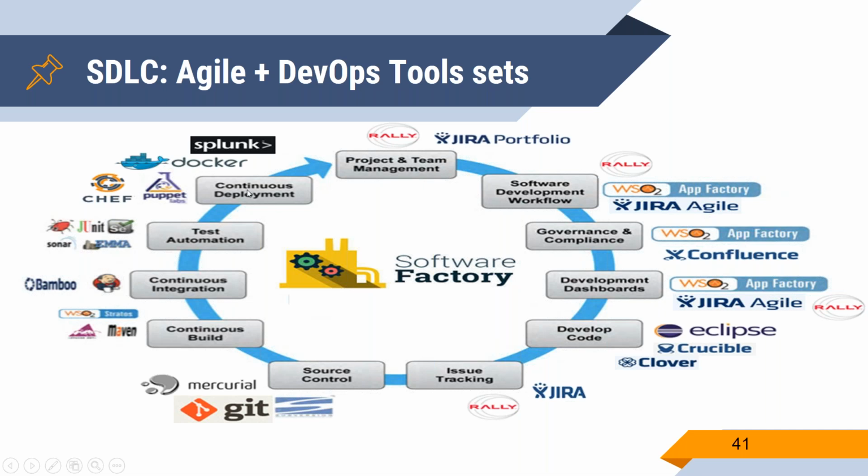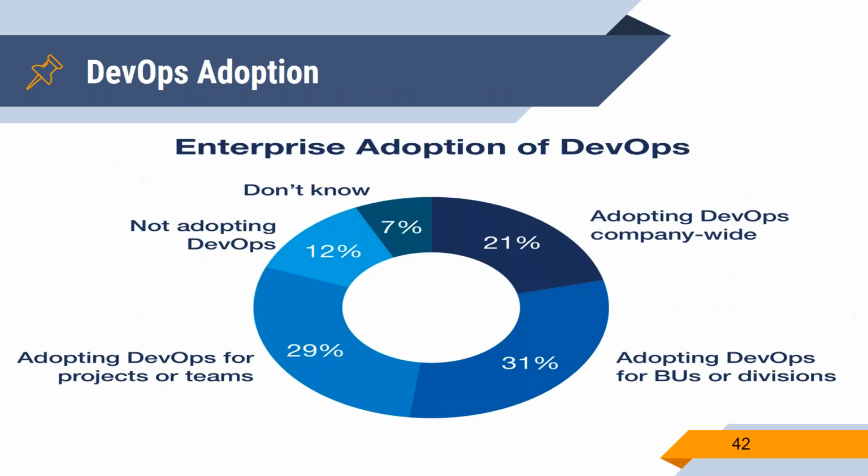For continuous deployment, we are using Docker, Puppet, Chef, Ansible. For project and management teams, we are using Jira or Rally. For software development workflows, we are using WSO2, Jira, and Agile. And for development code we are using Eclipse, TFS, like that. We have different tools for Agile and DevOps combinations.